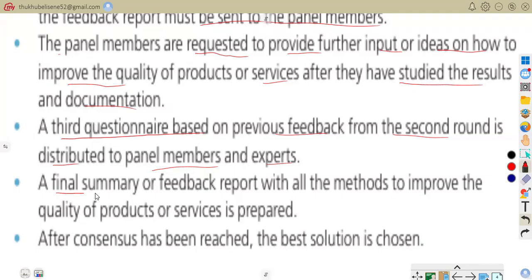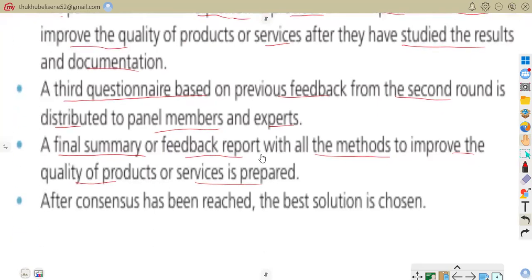It says a final summary or feedback report with all methods to improve the quality of products or services is prepared, meaning all the best ideas are combined now. Hope you're together, good people.